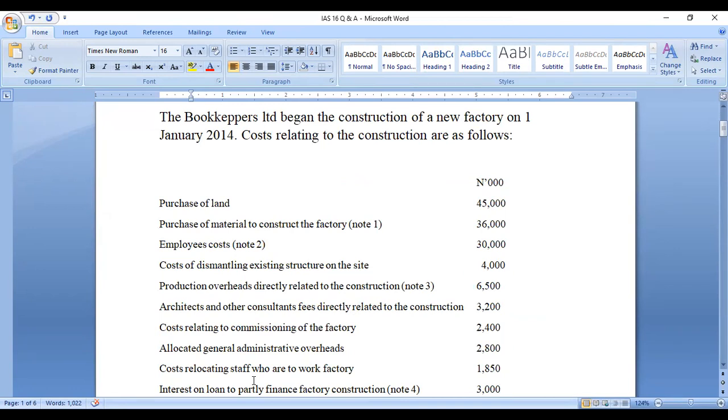Then there are some assets that are self-constructed. That is, it wasn't bought in the market, it was constructed in-house. More like instead of buying a dress outside, you sew it in your shop. So the cost of sewing can also be computed, even though we did not buy the clothes outside. So that's for self-constructed assets.